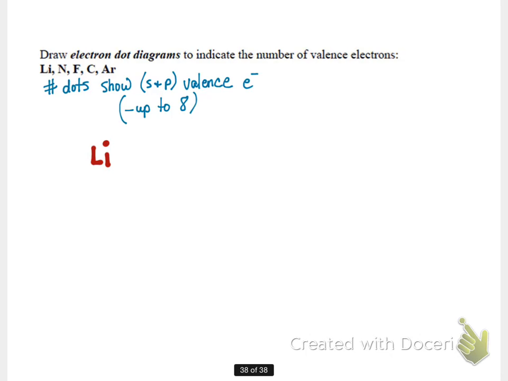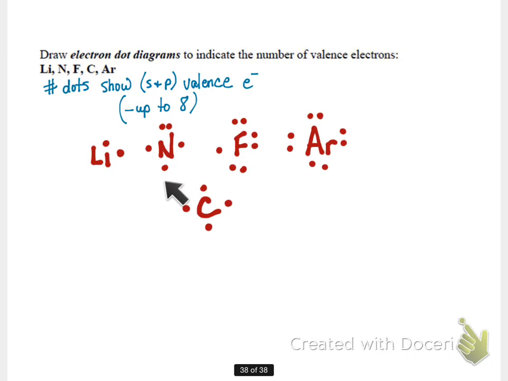So we'll do lithium. Lithium has 1 valence electron, so we write 1 dot. Nitrogen has 5, and we write the dots. We give each side 1 dot, kind of like electrons that are not paired. So it goes 1, 2, 3, 4, and then we pair 5. Fluorine has 1, 2, 3, 4, 5, 6, 7.